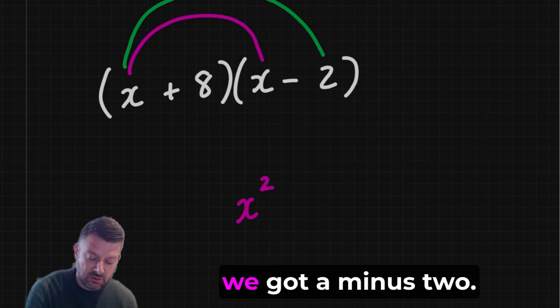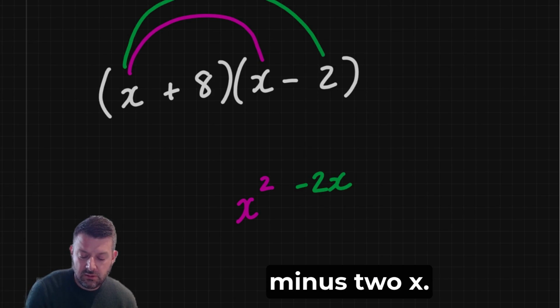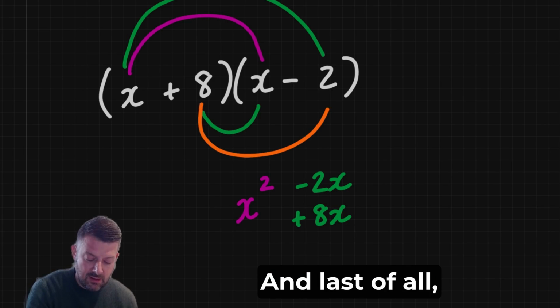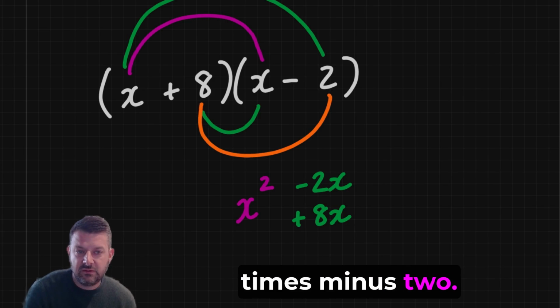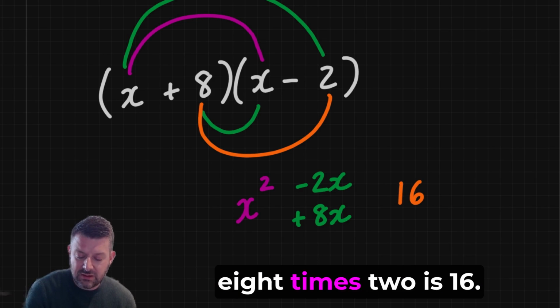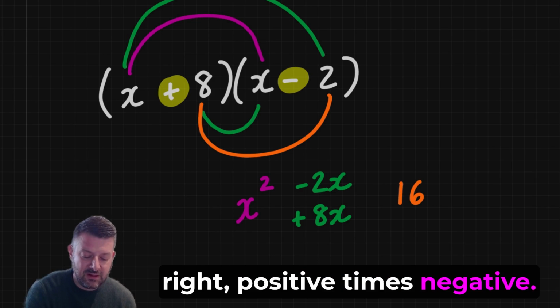Now this one's different because we got a minus 2. So x times minus 2, minus 2x. 8 times x is positive 8x. And last of all, we've got to do 8 times minus 2. I always ignore the positive and negative and just think 8 times 2 is 16. And then I go back and say, right, positive times negative.